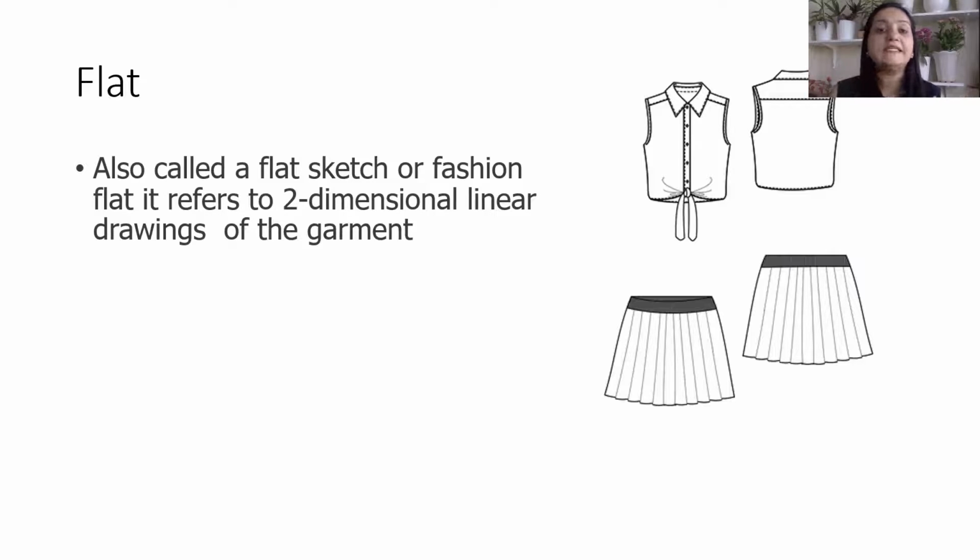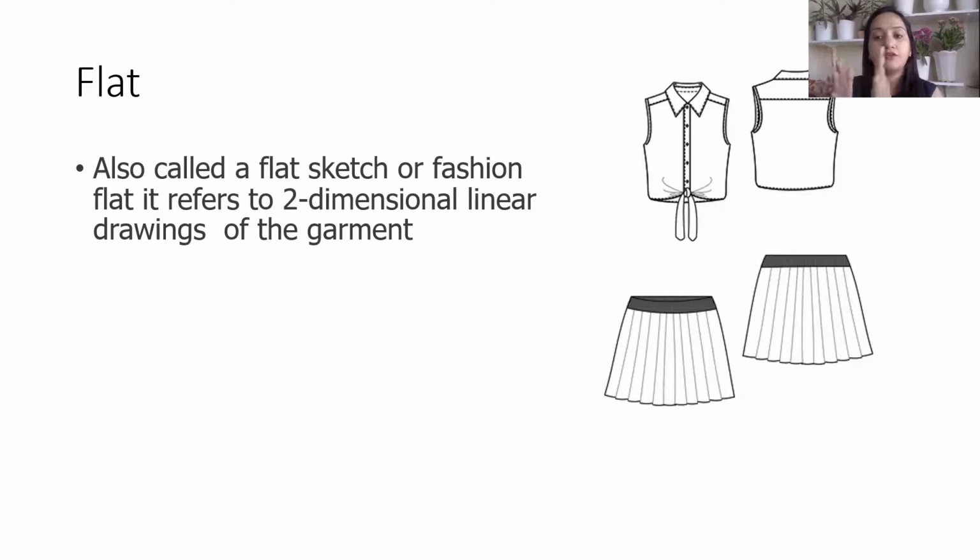It should carry some detail, but not the detail of the accessories. A flat also carries the detail of the stitch, what kind of stitch is going to be used. It is a very simple drawing. It also carries how many buttons, where they should be tied, and what kind of collar the garment has to have. Each and every detail is clearly visible in the flat.